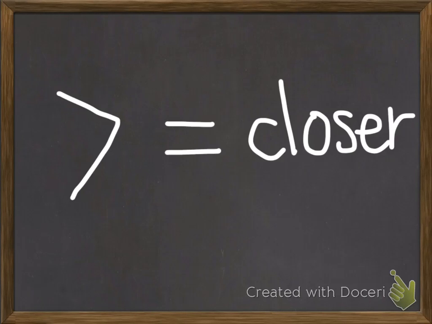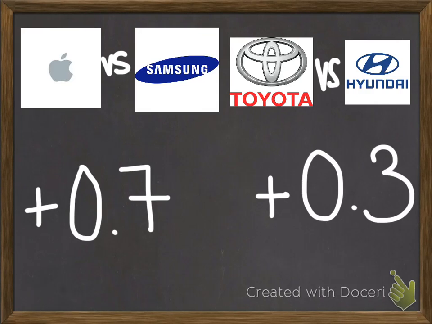Also, we can say that the larger the value of positive XED, the closer the substitute. For example, the two goods, Apple and Samsung, have an XED of plus 0.7. It's said to be closer than the two cars from brands Toyota and Hyundai, which is 0.3.